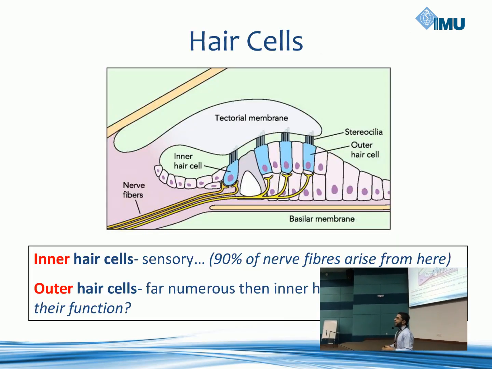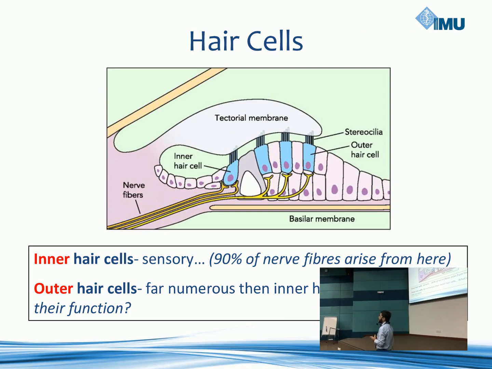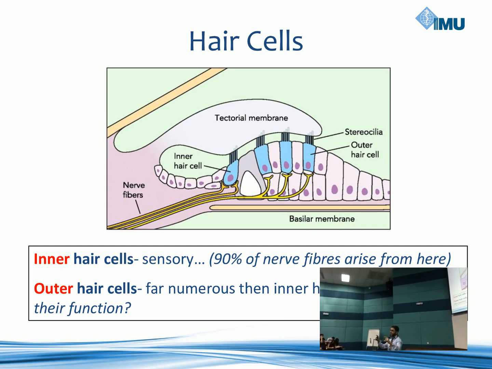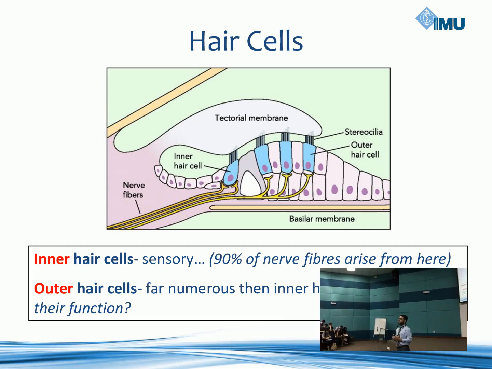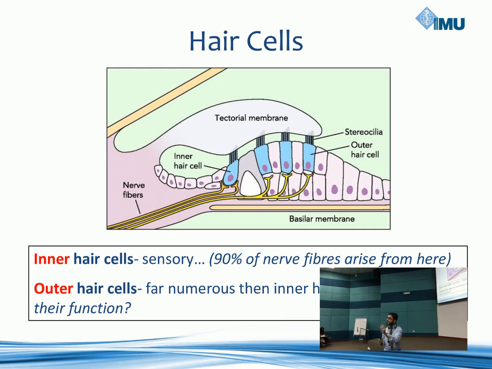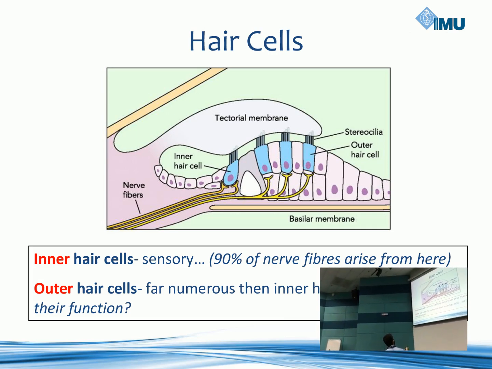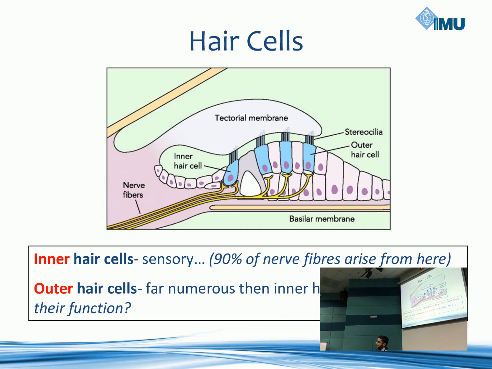Now, a very interesting point about the hair cells. If you look at the basilar membrane, you will find two populations of hair cells, the inner hair cells and the outer hair cells. The outer hair cells are 3 times more numerous than the inner hair cells.